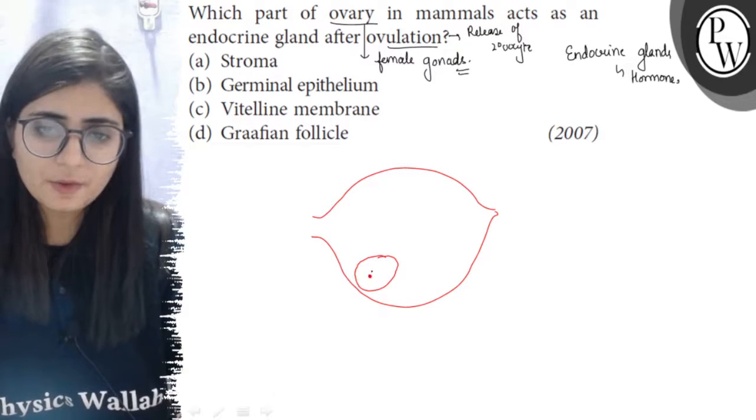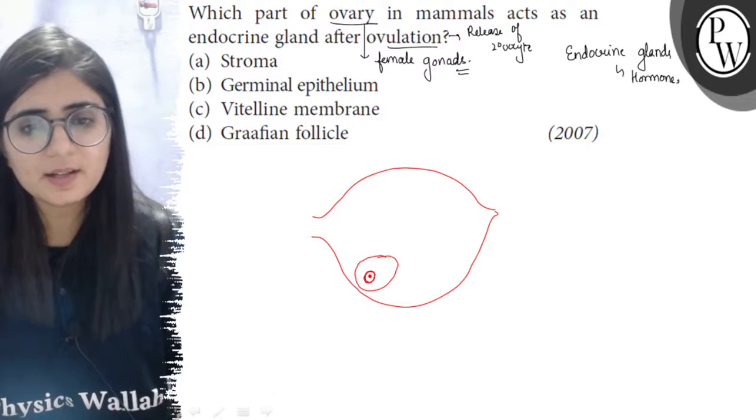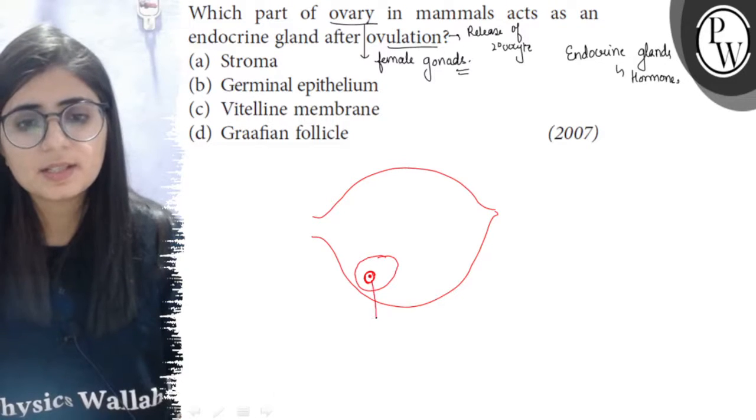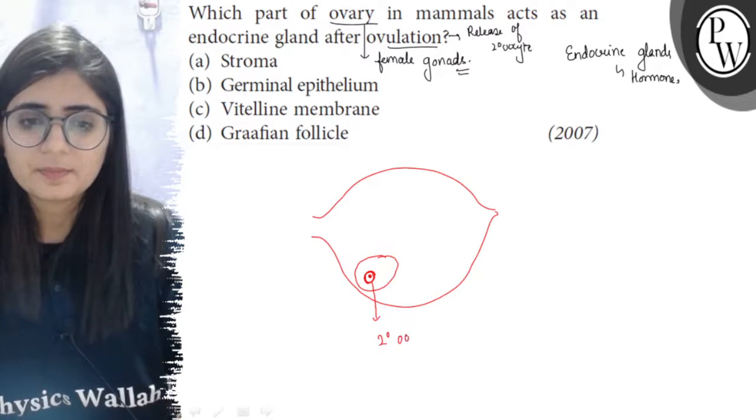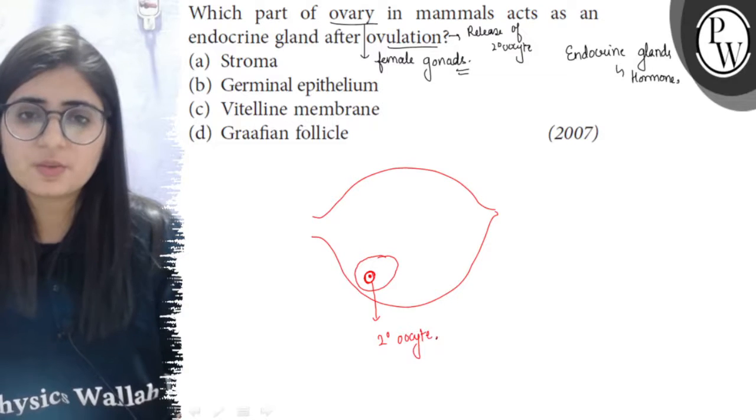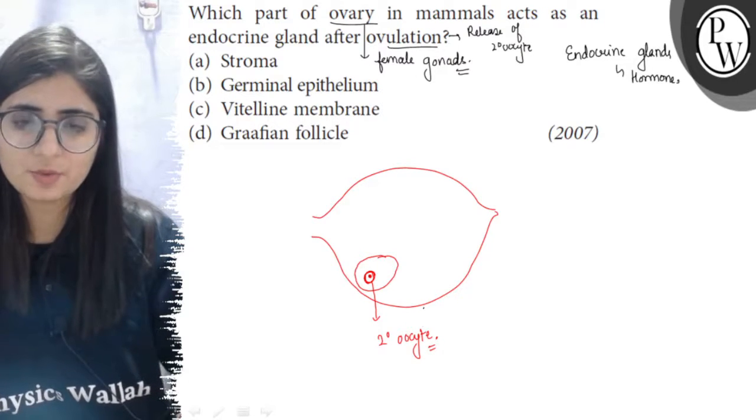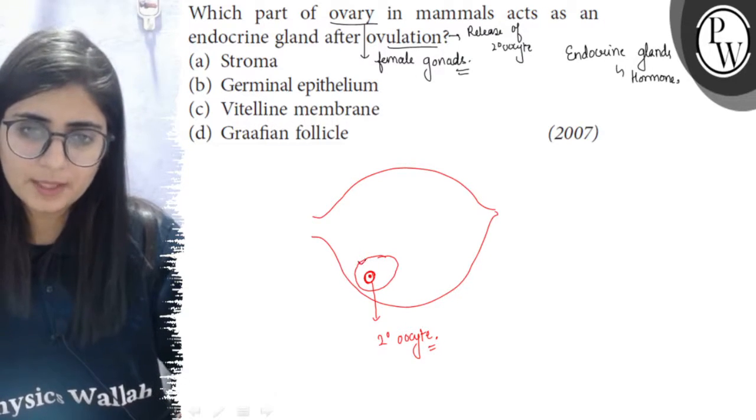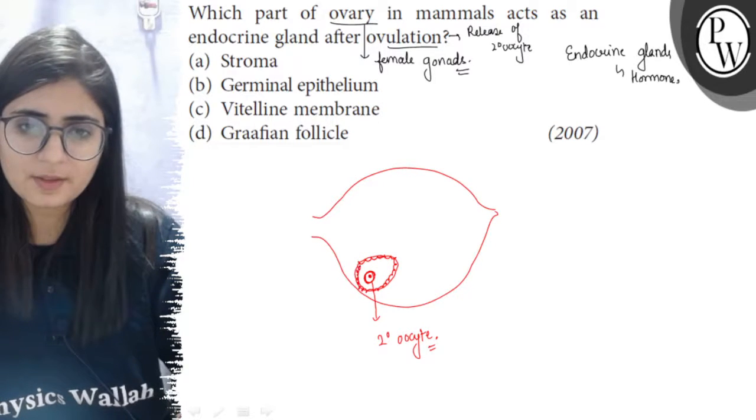Now this Graafian follicle is having secondary oocyte which is in the meiosis 2. It is at the meiosis 2, but it is not complete, it is arrested at metaphase 2, and here all around this there are the follicular cells.